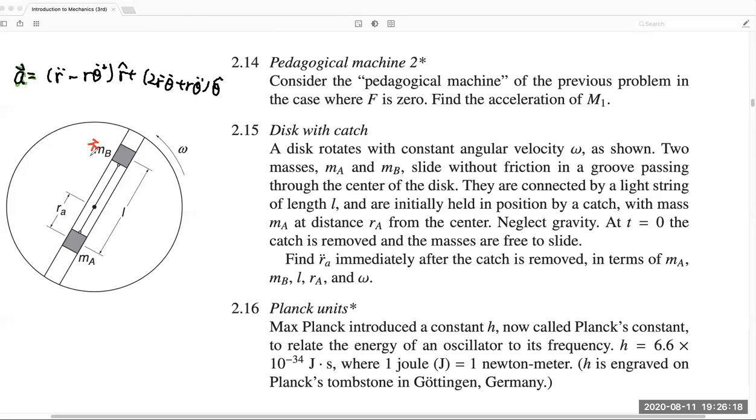So maybe let this distance be RB. If you look at the acceleration in the R hat direction, both of them will have a constant acting on it. And then the tension is along the negative R hat direction. So for the force equation of MA, the net force is negative T along the R hat direction. That's MA times RA double dot minus RA times omega squared.